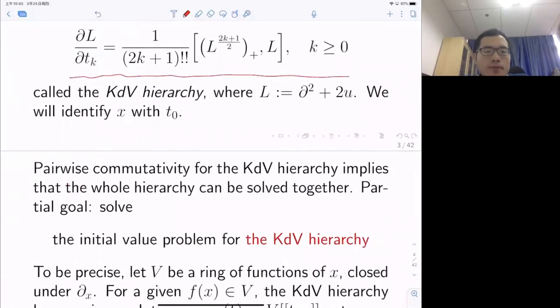In particular, if k equals 0, you get a trivial symmetry, which is du/dt_0 equals du/dx. Because of this, we identify the t_0 variable with x. So our space variable x is identified with t_0.